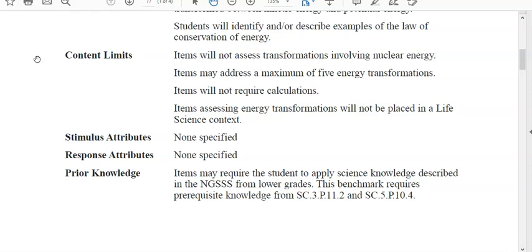The response attributes define the characteristics of the options from which a student must choose to answer the question. Again, this is in regards to the state assessment.